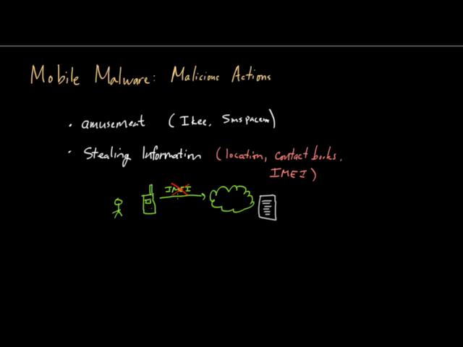Now, imagine there's some malware out there that runs on a bunch of other phones, and the malware steals the IMEIs from these phones. It won't actually steal the physical phone, it'll just take the IMEI from that phone.